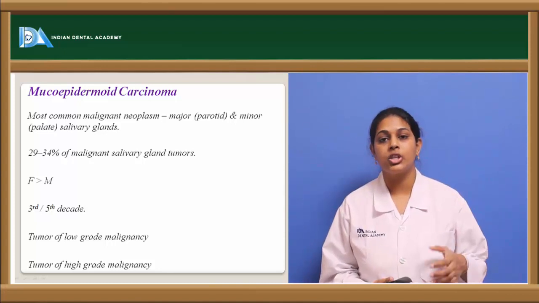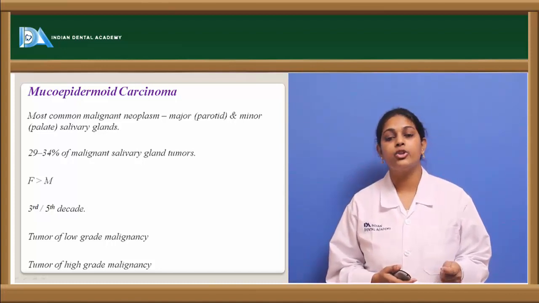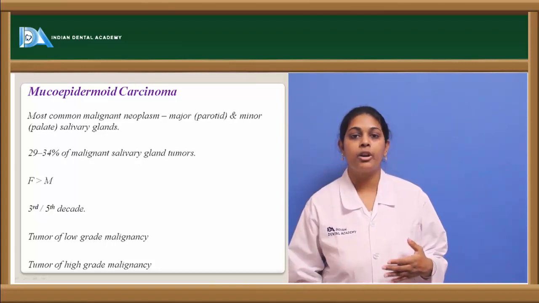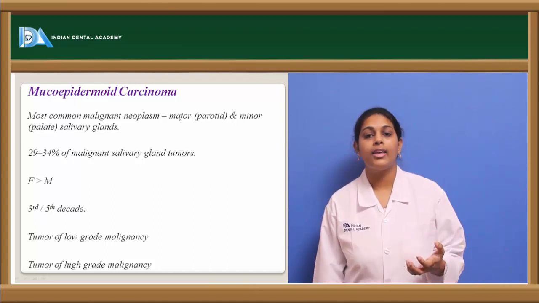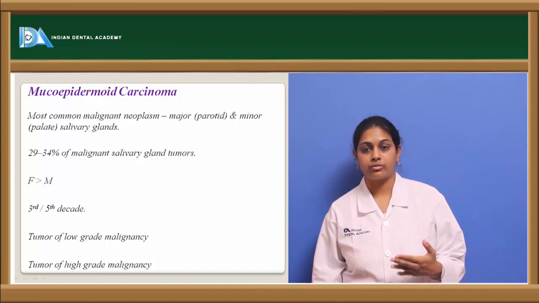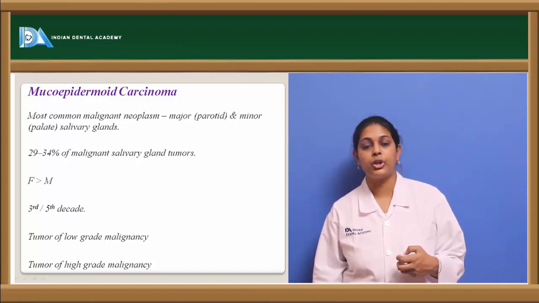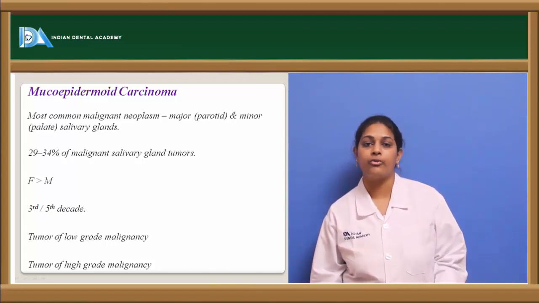It shows two types of grading, that is a tumor of low grade malignancy and a tumor of high grade malignancy. In tumors of low grade malignancy, these tumors are usually slow in growth and painless, and they might appear similar to the pleomorphic adenoma clinically, and they are also not encapsulated, unlike the pleomorphic adenoma.